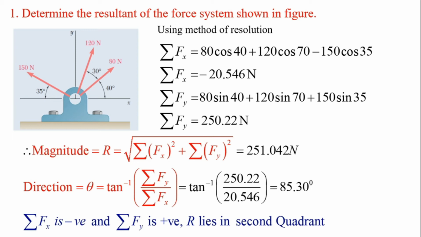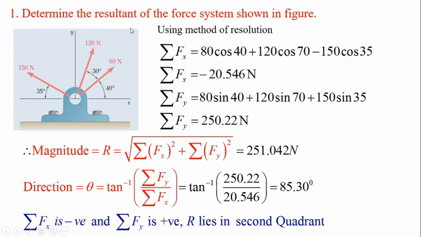Now, in this problem three forces are acting, so the law of parallelogram cannot be used. Instead, we have to use the general method, that is the method of resolution, to find the resultant of the given force system.